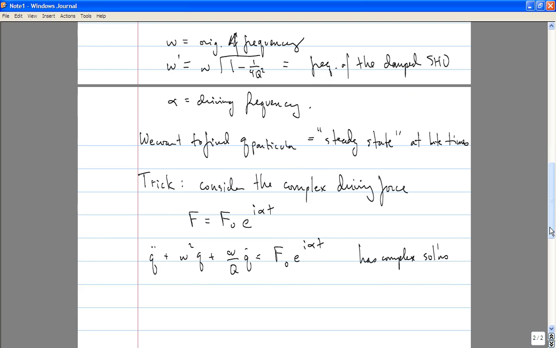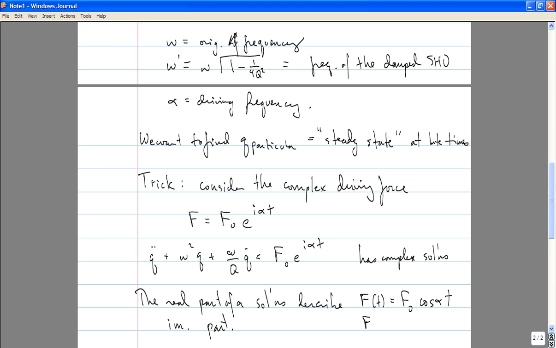And the real part of a solution will describe the response to a driving force, which is F naught cosine alpha t, and the imaginary part will describe the response of an oscillator to a driving force F naught sine alpha t.